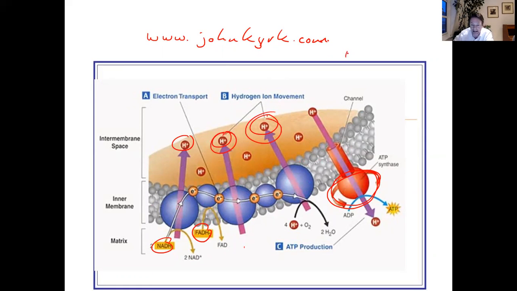So one NADH ends up producing approximately 3 ATPs, and one FADH ends up producing theoretically 2 ATPs. I say theoretically and approximately because some hydrogen ions leak back across the membrane without going through ATP synthase, so there is a loss of some of the hydrogen ions, so they're not used to make the ATP.